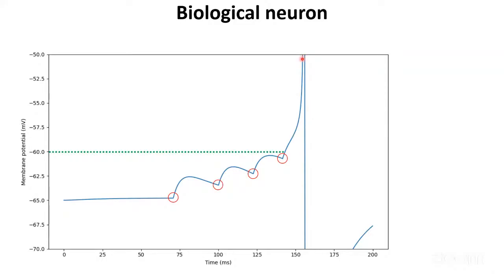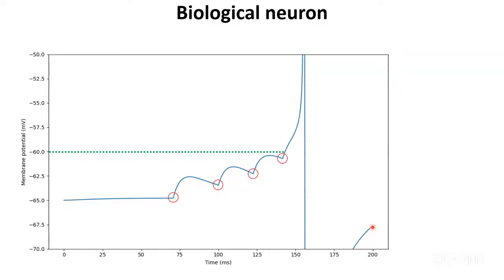This output spike is an effect of the input activations or input spikes that have been there, and then the neuron resets the membrane potential to its initial, or resting, potential. So this is how a neuron works. This kind of behavior is not present in artificial neural networks, but in spiking neural networks you have it.